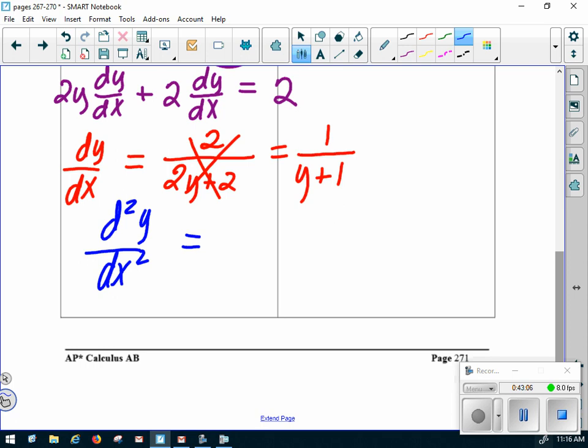How do we take the derivative of this? Quotient rule. Derivative of the top. What's the derivative of the top? 0 times the bottom minus the derivative of the bottom, 1 dy dx, times the top, over the bottom squared.